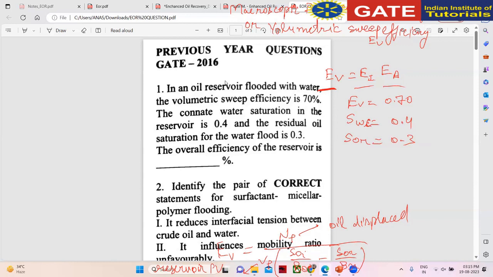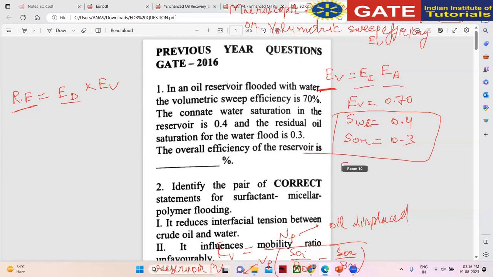Overall efficiency will be denoted by recovery factor RF, and it is the multiplication of microscopic displacement efficiency and volumetric sweep efficiency. So to calculate the overall efficiency of the reservoir, first you calculate ED using this formula.